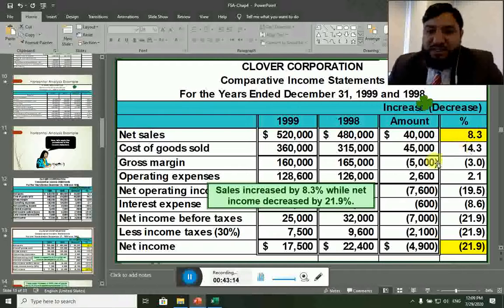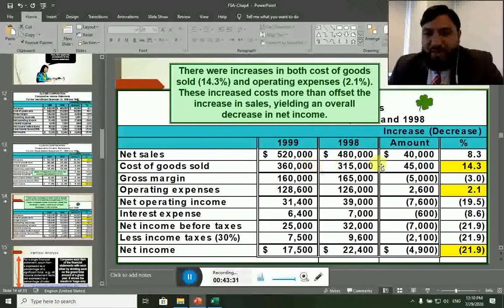You can see there is increase in sales by 8.3%, while there is a decrease in net income by 21.9%. Why is that? Because there was increase in both cost of goods sold and operating expenses.